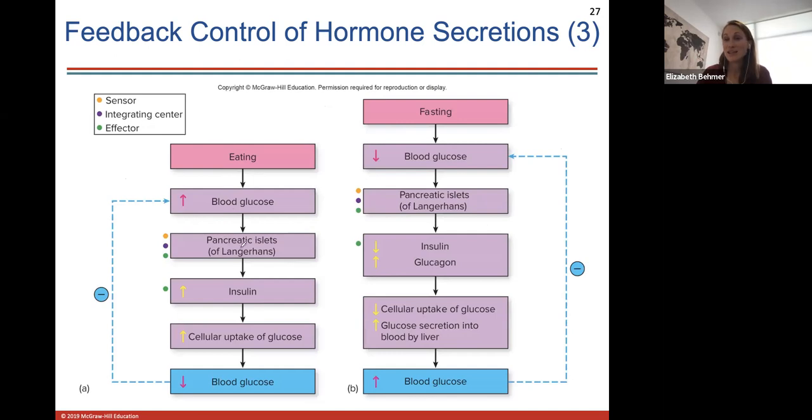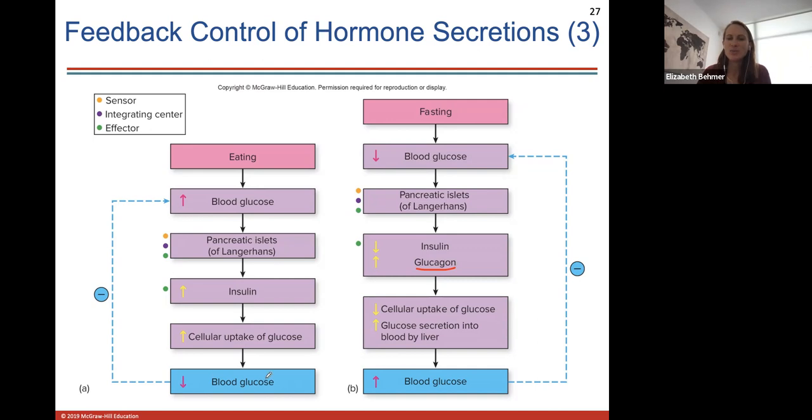And that is shown here, where eating will increase blood glucose. So then you'll have cells in your pancreas releasing insulin, so that cells will take up glucose to decrease blood sugar. But if you're fasting, when you have very low blood glucose levels, you'll have cells in your pancreas that will decrease the secretion of insulin and increase glucagon. And what glucagon does is it tries to put glucose back into the blood to increase your blood sugar levels.